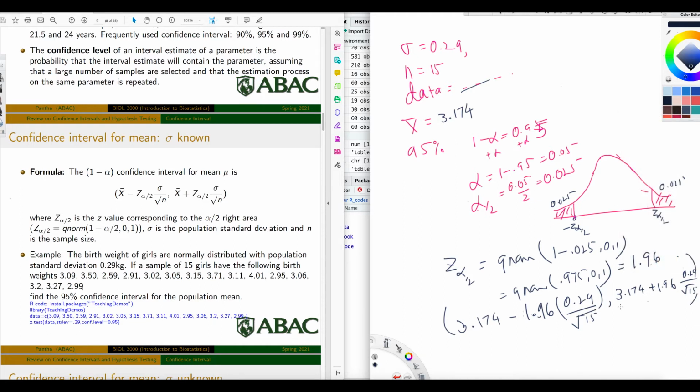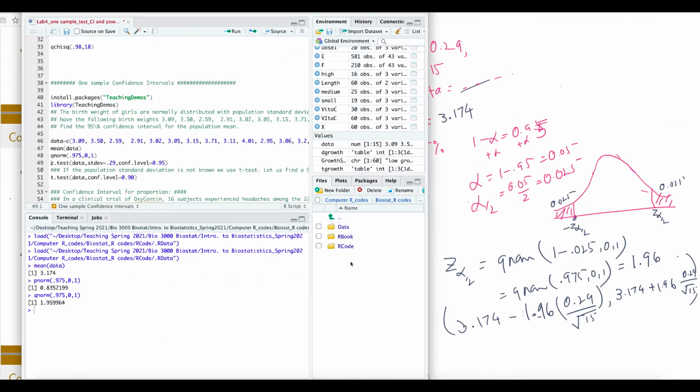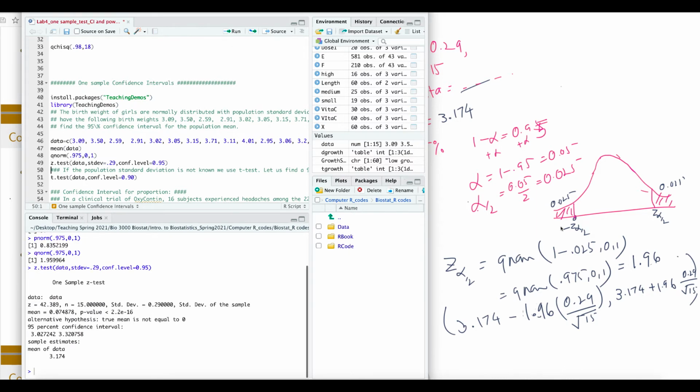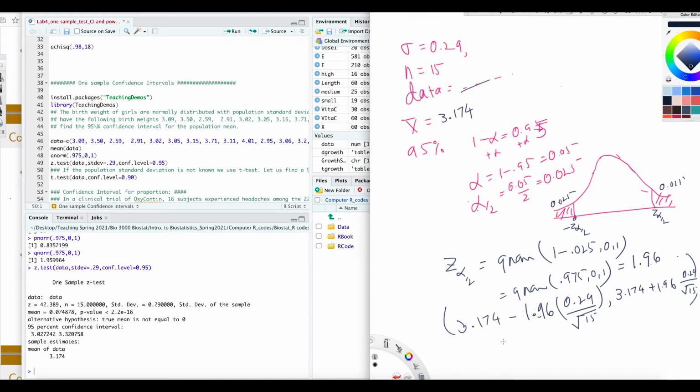And then if you use calculator or if you use R, then you will get the answer there, right? So your answer will look like, let me see, you will get 3.0227, right?